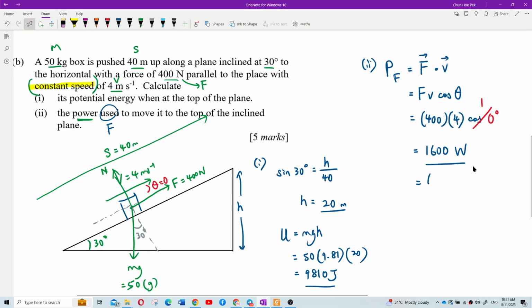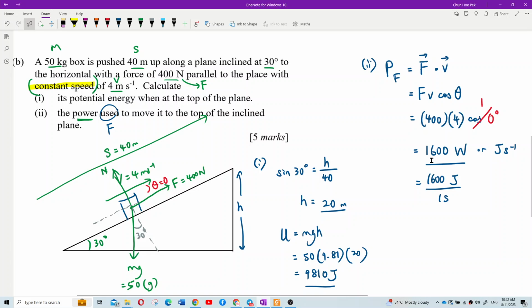This is actually 1600 joule per second, per 1 second. Yeah, you can write the unit as joule per second. If work done by force F is 400 multiplied by 40, then it will be 16,000 joule.